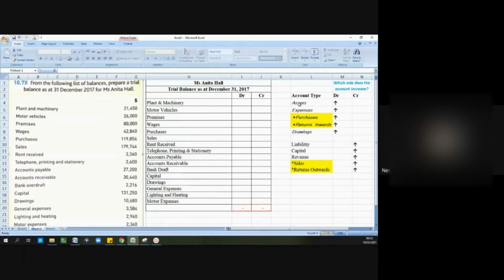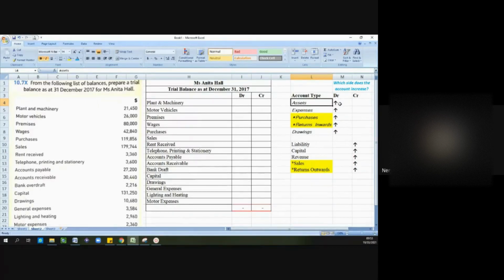If I go here, for example, to assets, okay? And if you look at your notebooks, you look at the different T accounts that you have, if you take any of the asset accounts, for example, cash or bank, you would notice that the balance brought down is on the debit side, which is where the account increases, okay?